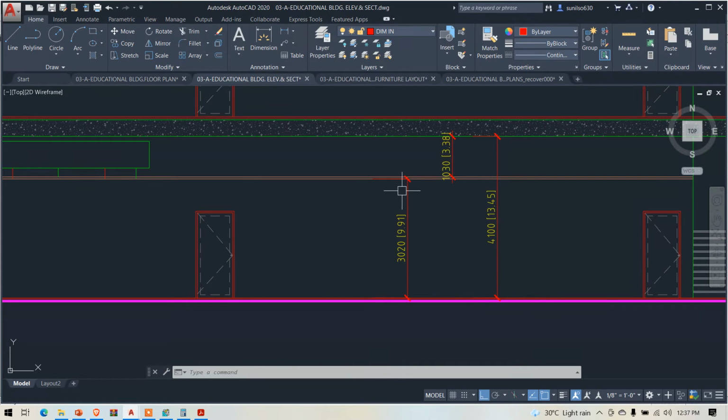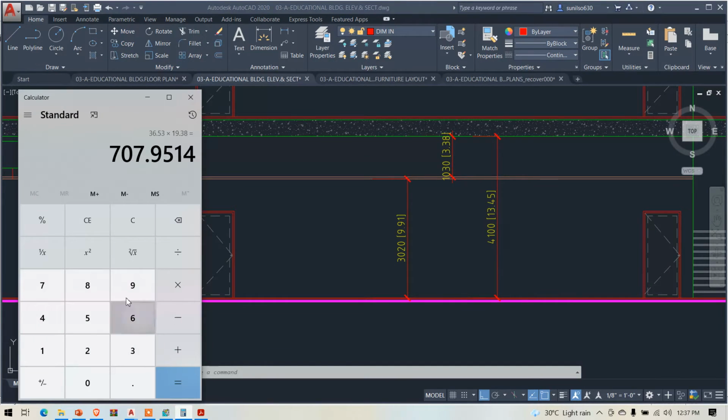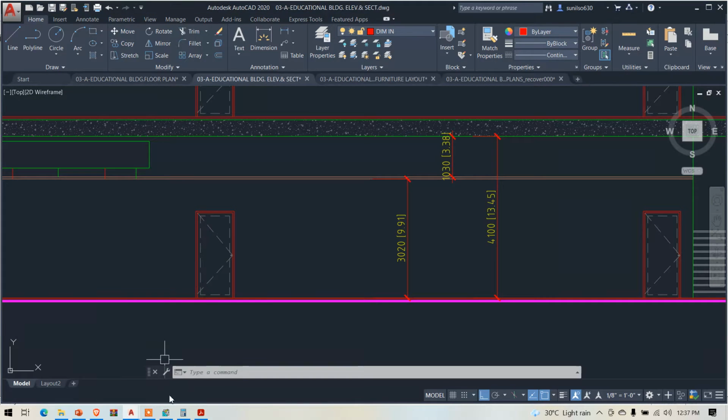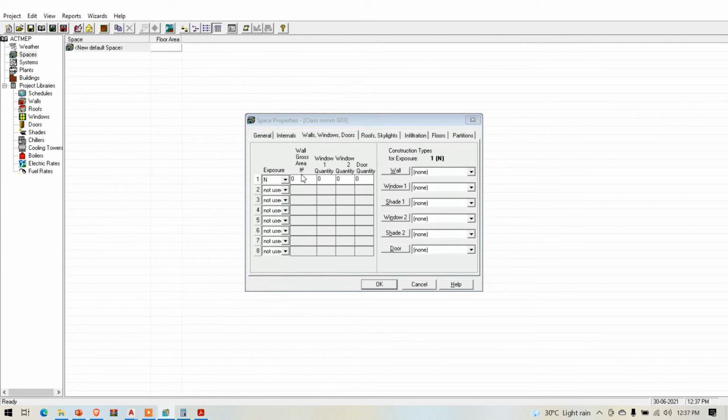So 36 into 13.38, total 481.68, let it be considered 482. So the total wall gross area is 482, and they are asking for the number of windows.